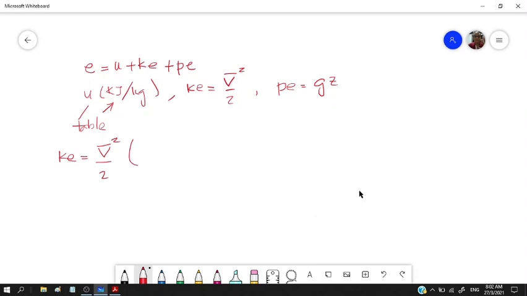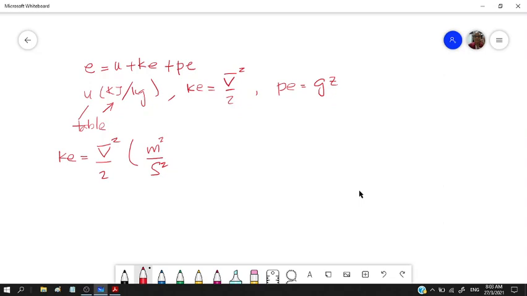And when we look at the unit analysis, we find that velocity is in meter over second. Then when we square it, we get meter squared over second squared. And then we try to get the energy as what we have right here in terms of kilojoule over kilogram.